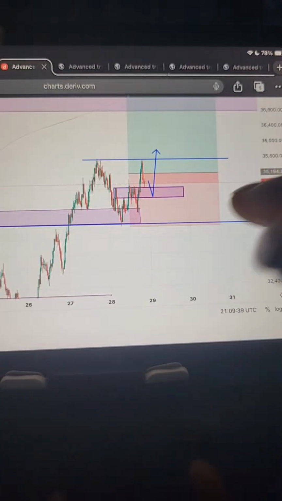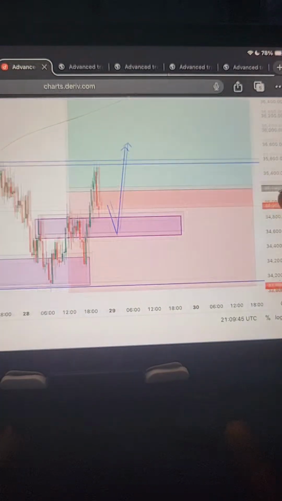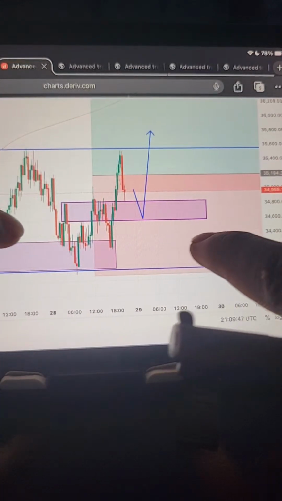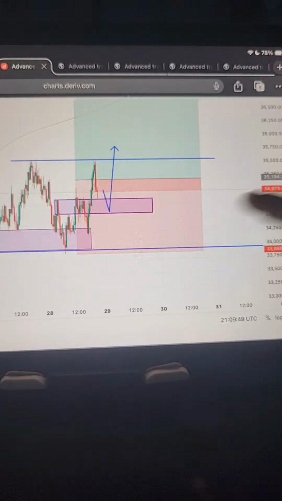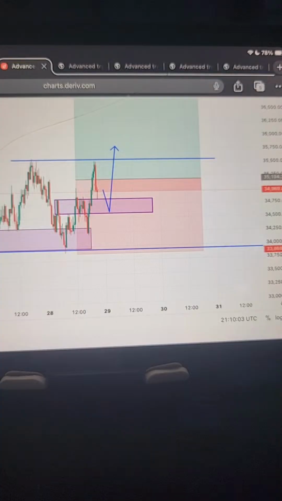Okay, just like I said, price is doing a pullback to that zone that I marked out. You can see how price is starting to react from that zone. Yes, it is volatility 50.